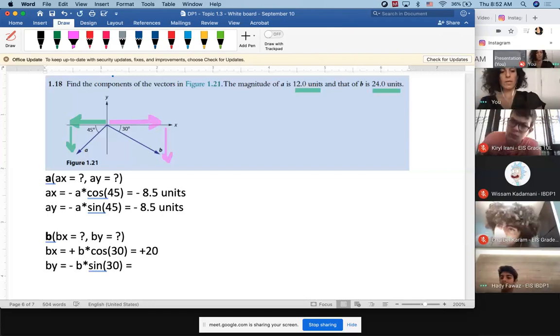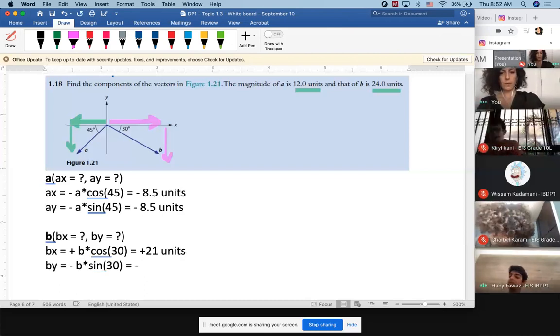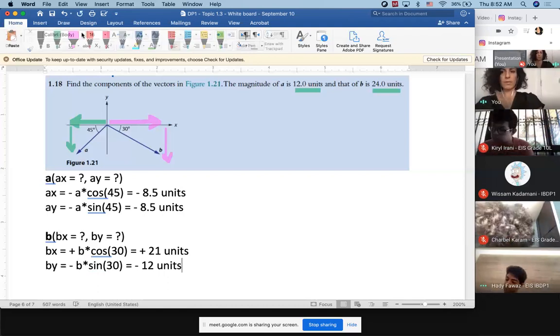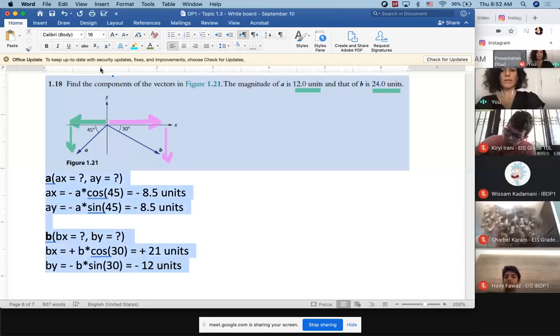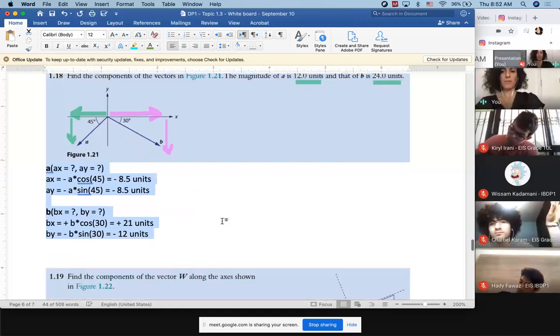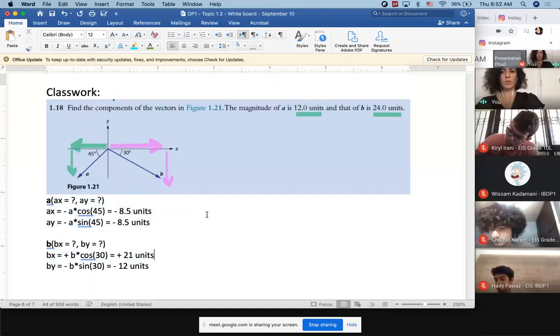I'm going to round it to 21. Okay. And the unit is units. 12 units. Okay, done. So you see, so far things are getting back to normal. I know you guys enjoy algebraic methods more than graphical methods. It's the same with me, but graphical methods are good for beginners to see how things work.